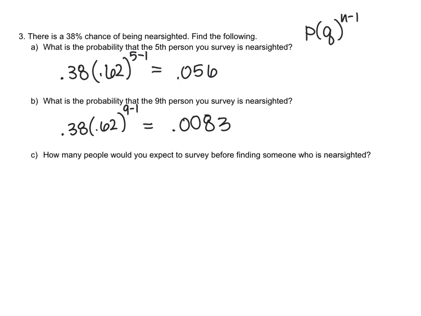Then C asks us, how many people would you expect to survey before finding someone who is nearsighted? Expect is just another word for mean, which for geometric, you do 1 divided by p, which would be 1 divided by 0.38, which is 2.63 people.